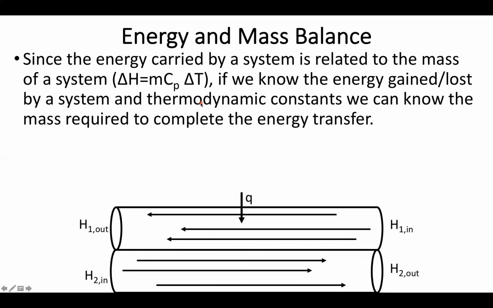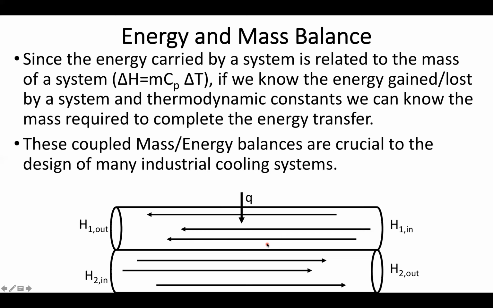And so one of the things that's often going to end up happening is I may know something about the enthalpy change of one of my streams, and then what I'm going to try and figure out is how much mass I can heat or cool if I know, say, the heat capacity or temperature change of the second stream. So this is a little bit messy, but the major idea is that we can use this coupling of energy and mass to really help balance the designs of real industrial cooling systems, which it turns out is where a lot of money is actually spent.